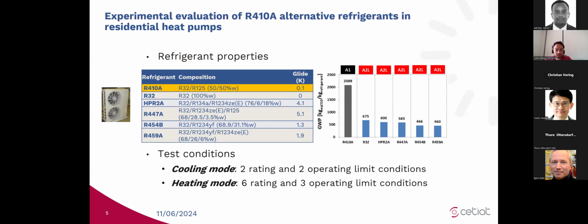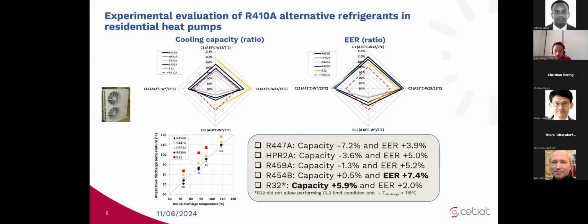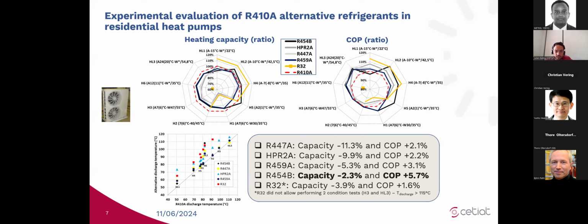The idea was to test both cooling and heating mode in different conditions, and to run a lot of different tests. If the results interest you, you can see them in the France country report that my colleague made when these studies were summed up. In the end, I think what stands out is the R32 and also maybe the R454B.